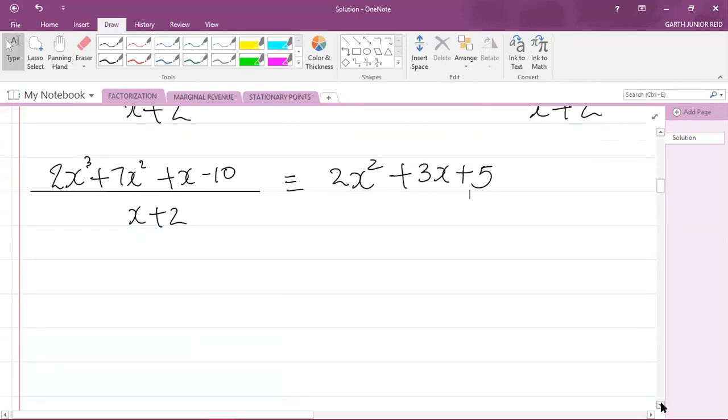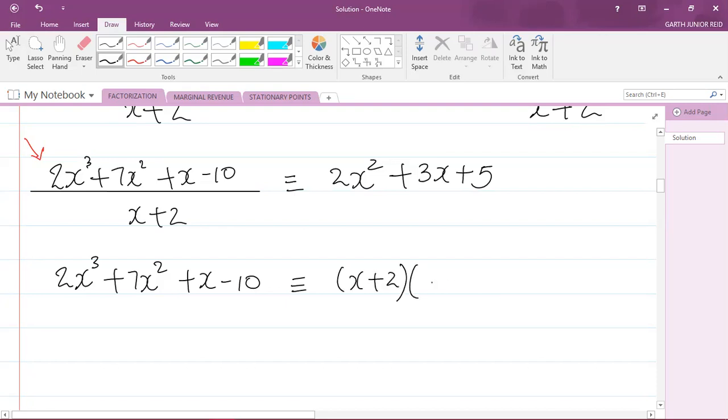Now, remember I told us that we need to factorize this polynomial here in the numerator, right? So I'm going to get rid of the x plus 2 in the denominator by multiplying both sides of the identity by x plus 2. And if I do that now, I will get 2x cubed plus 7x squared plus x minus 10, and that is the same as x plus 2 multiplied by my quotient, which is 2x squared plus 3x plus 5.